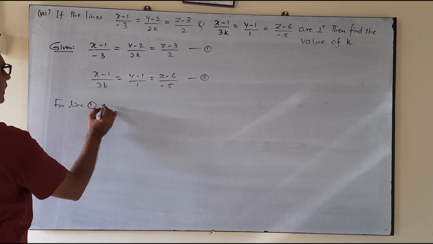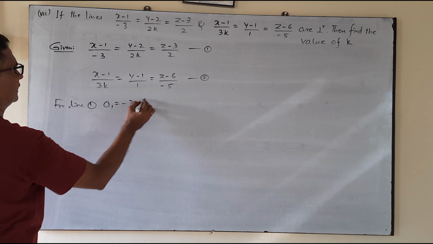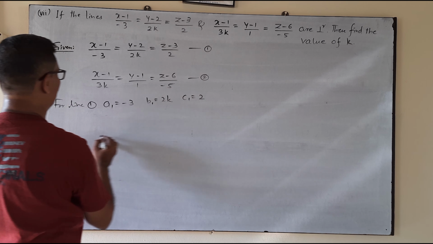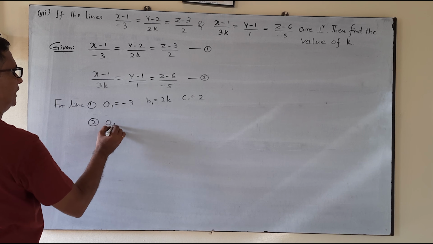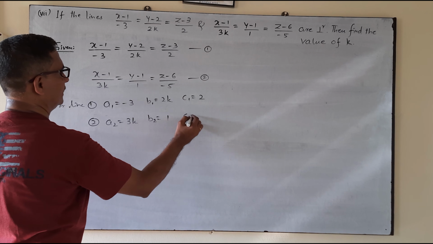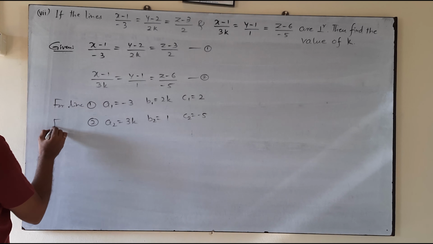x minus x1 by a1, value minus 3; b1 value 2k; c1 value 2. For line 2: a2 value 3k, b2 value 1, c2 value minus 1.